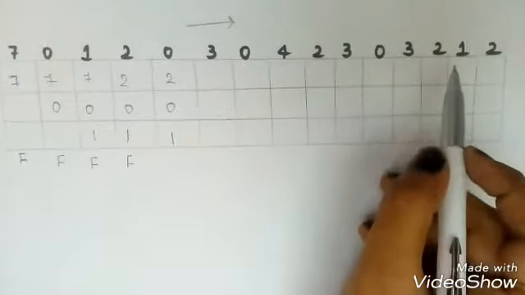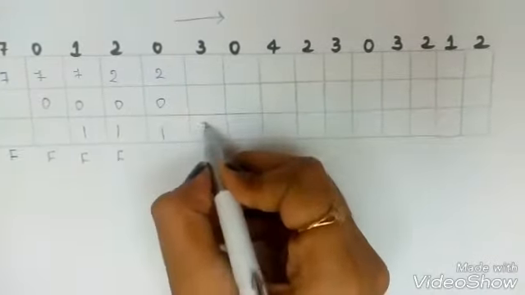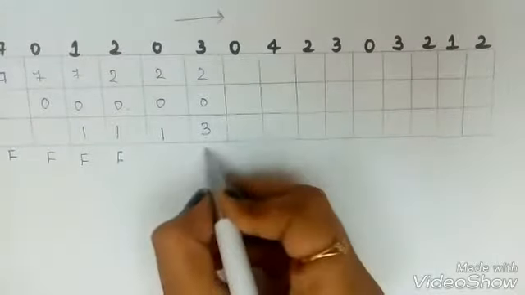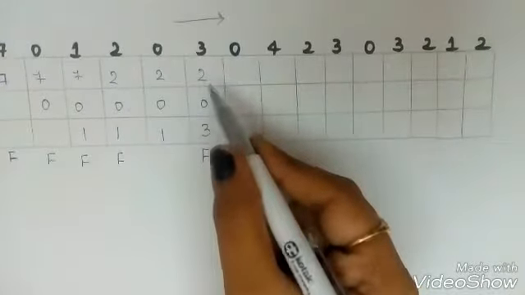So since 1 is much farther, we have to replace 1 with 3. And we have to write the remaining things as it is, and we have to put a page fault here because 3 is new to the main memory.